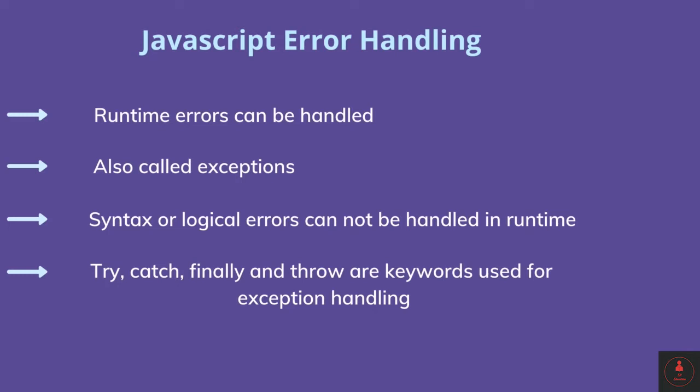If I want to manually raise an exception, I can use the throw keyword. Similarly, the finally keyword will run its statements even though the exceptions are not handled. So rather than discussing here, we can go to the system and start implementing the exception handling.